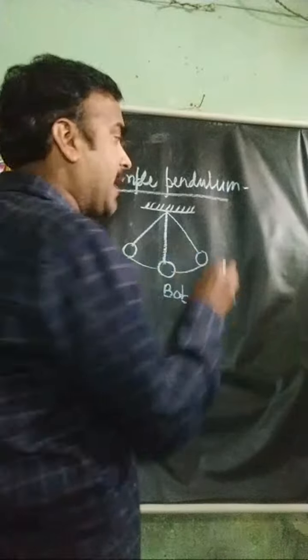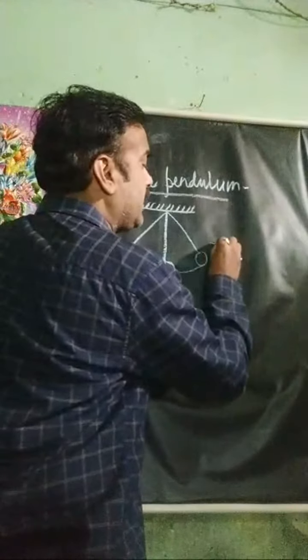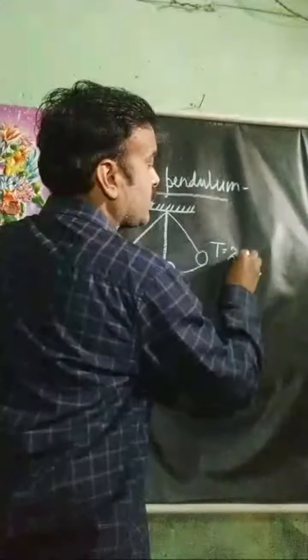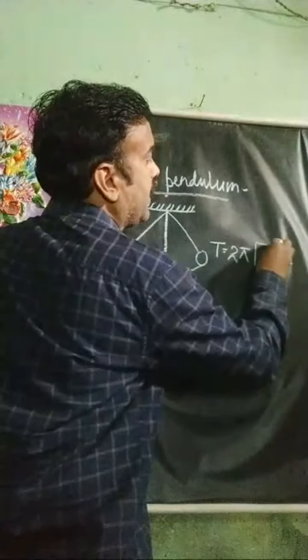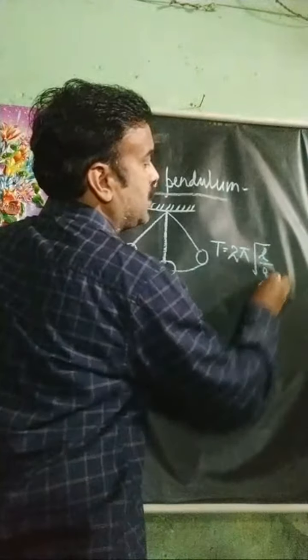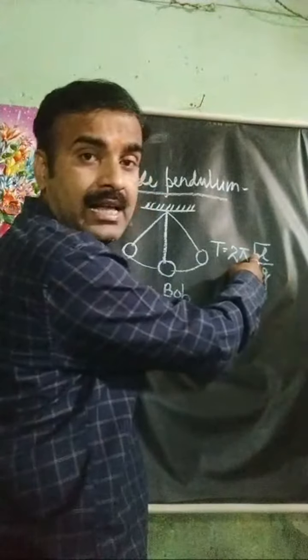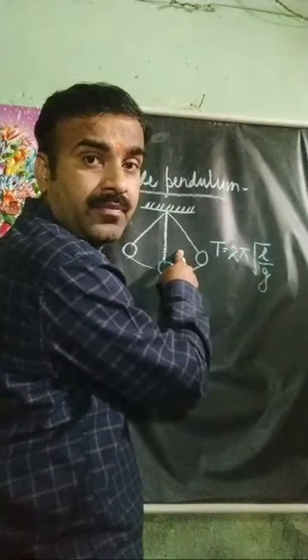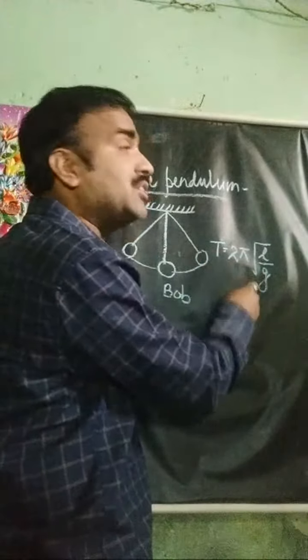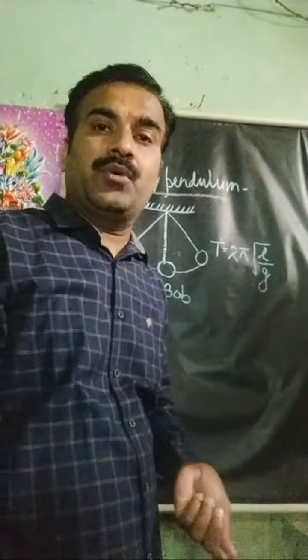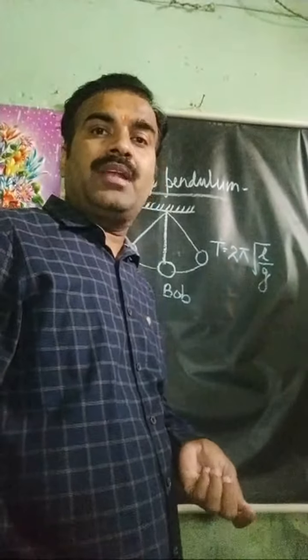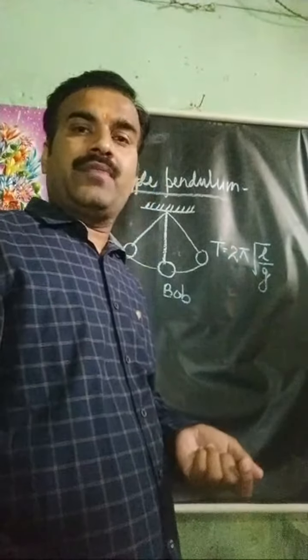The time period for the simple pendulum is T equal to 2 pi under root L by G, where L is the length of the thread and G is the acceleration due to gravity. By this formula we can find out the time period of any object.